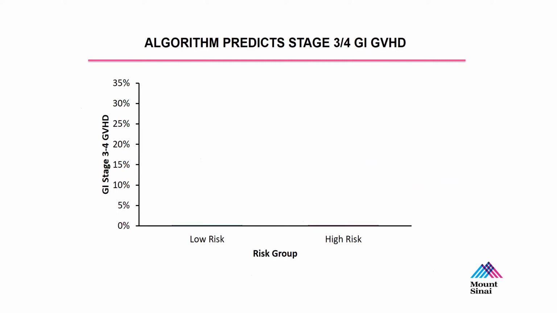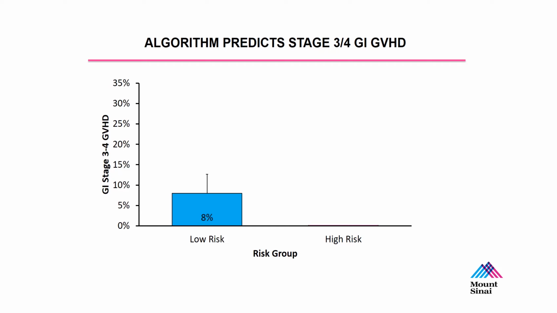What we also found was that even at day 7 after transplant, we could predict who was going to get a severe graft versus host disease, particularly GI GVHD, and it is GI GVHD that drives the non-relapse mortality.